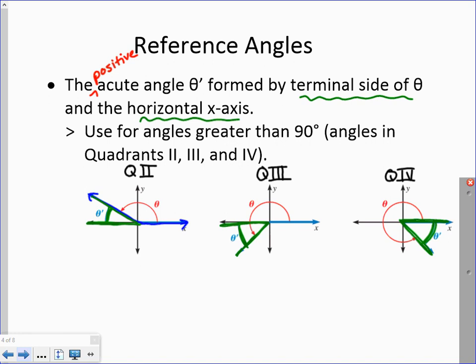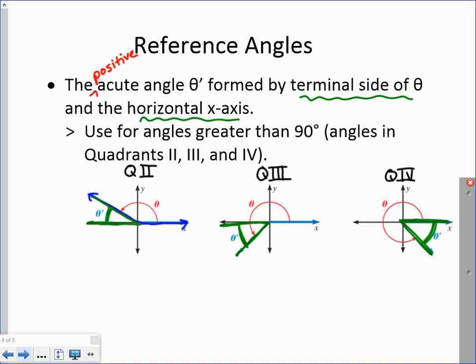You guys understanding the text here? Yeah. So we can take theta. Okay, so what could you write? Theta prime equals what? 180 minus theta. Do that for each quadrant.